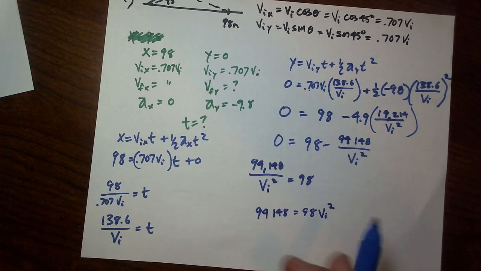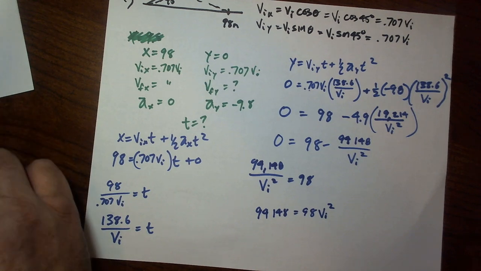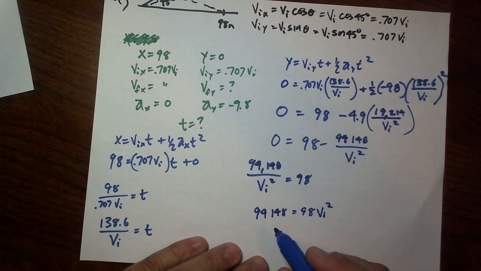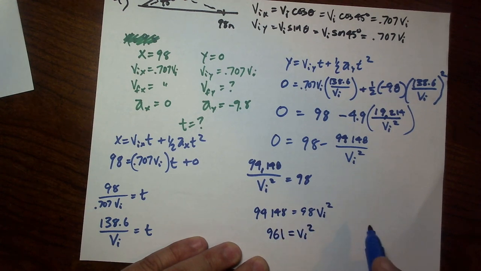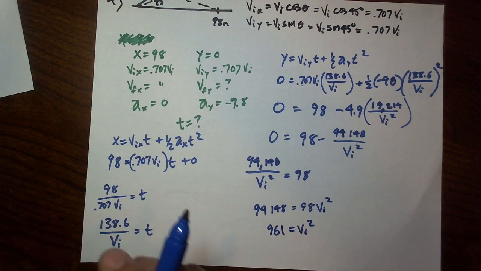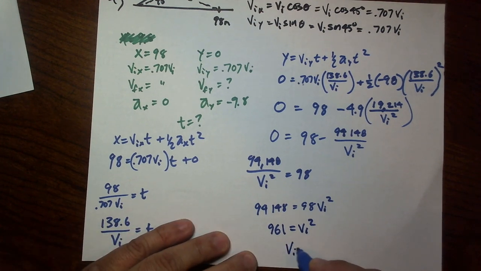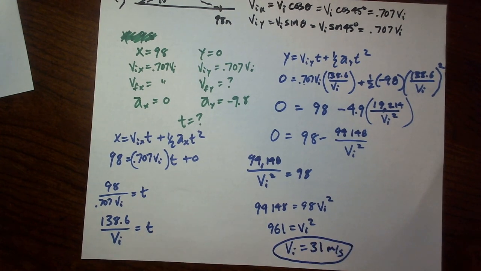Now we can just divide by 98, and we get 961 actually, equals VI squared. And taking the square root, we find out that VI equals 30.9, so let's call it 31 meters per second. And that's the most annoying problem on your homework.